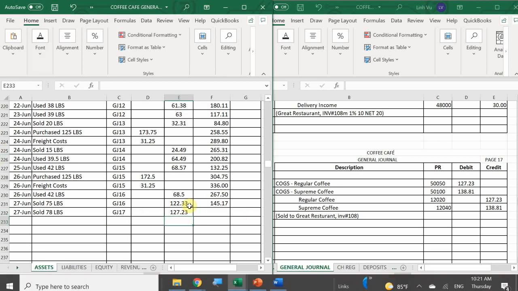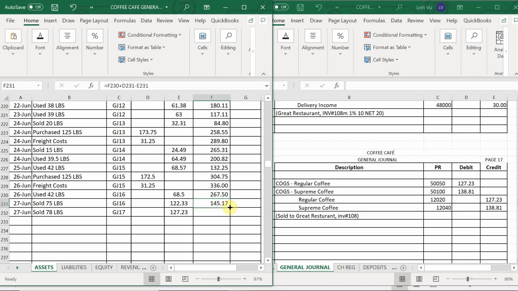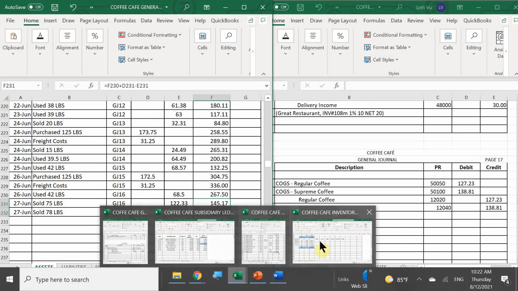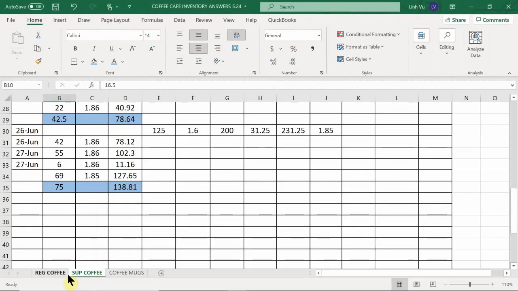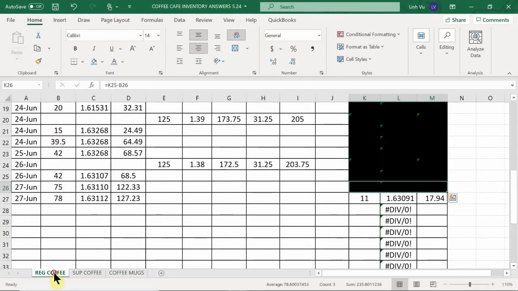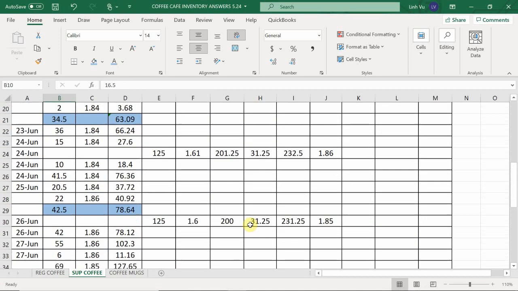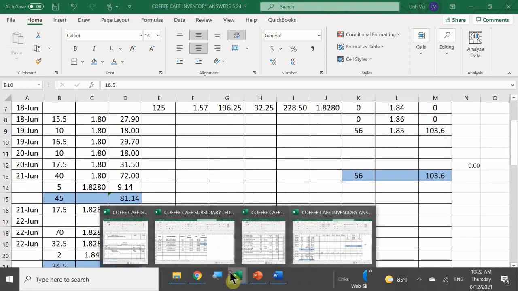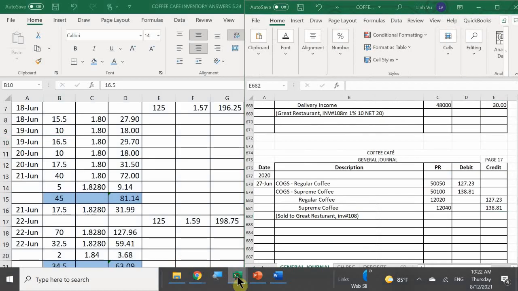Which then that should drop my value down to $17.94. Which, let's go ahead and double confirm if that is true in my inventory worksheet. In this case, I don't remember. So $17.94 is what I have in my inventory worksheet. It is 103.60. Okay, so back to my journal and ledger.